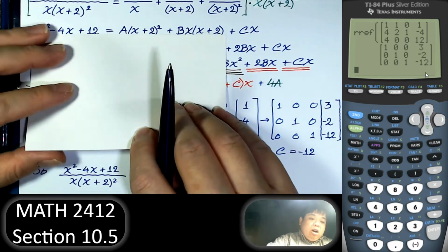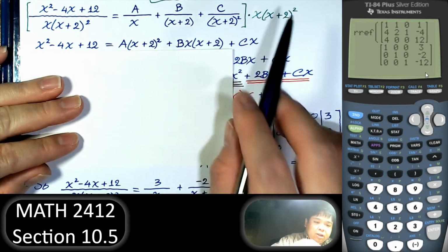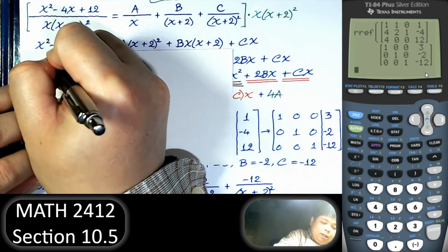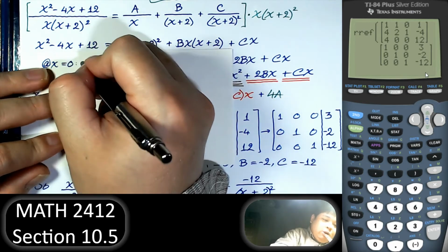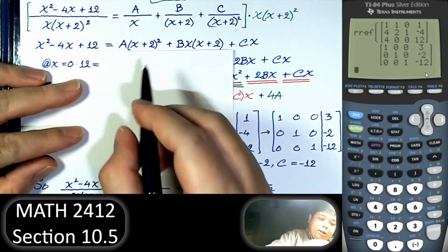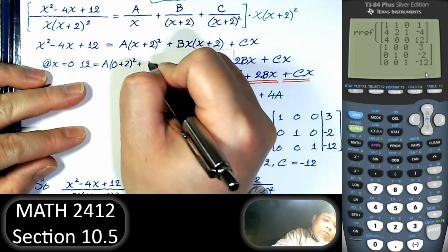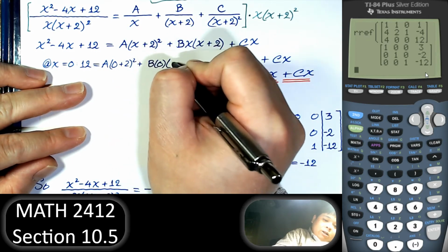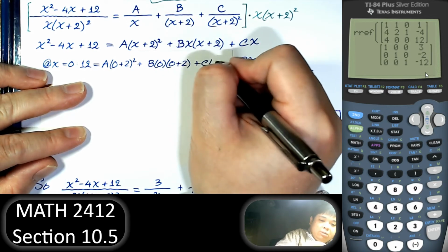Right, how about we try the method we used before? We have x and x plus 2 as factors, right? So let's choose x to be 0. When x equals 0, we have 12 on this side, equal to A times 0 plus 2 squared, B times 0 plus 2, and C times 0.